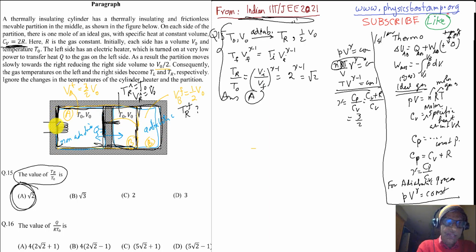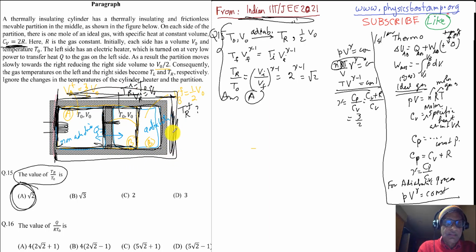To get Q, I could just look at this part. But I find it much easier to look at this whole thing, other than the heater, as my system.